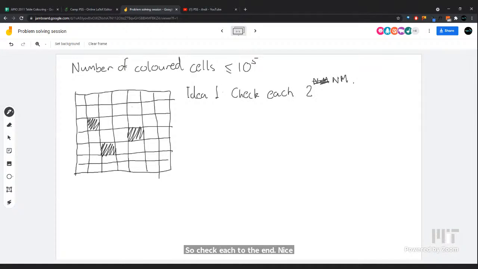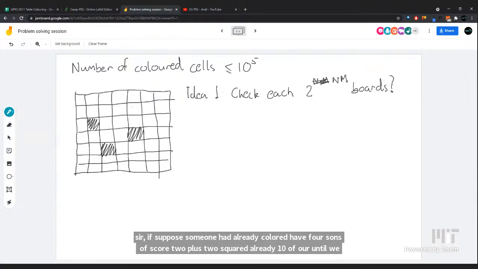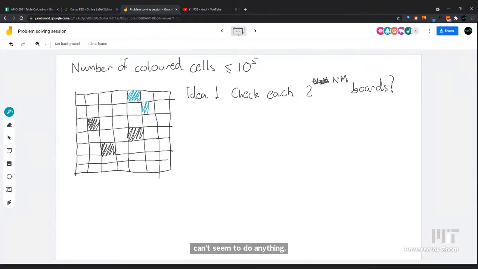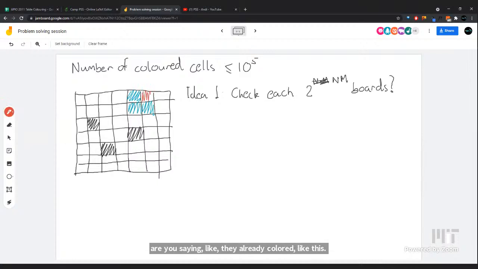Sir, suppose someone had already colored 4 cells of a 2x2 square of a particular color, then we can't simply do anything. So are you saying if they already colored it like this, then you won't be able to do anything?